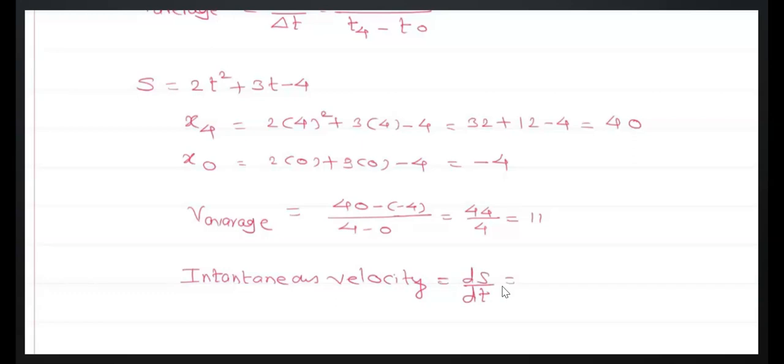The instantaneous velocity, ds/dt, is 4t + 3.